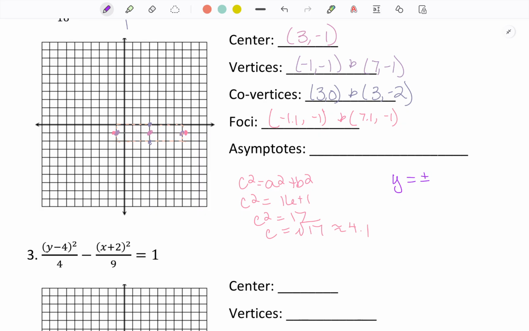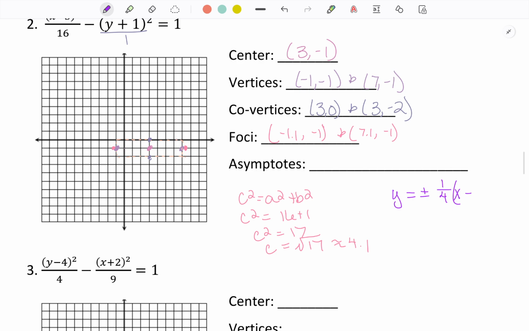So that is going to be 1 over 4 times x minus h, which is minus 3, plus c, and that is going to be negative 1 for the k.